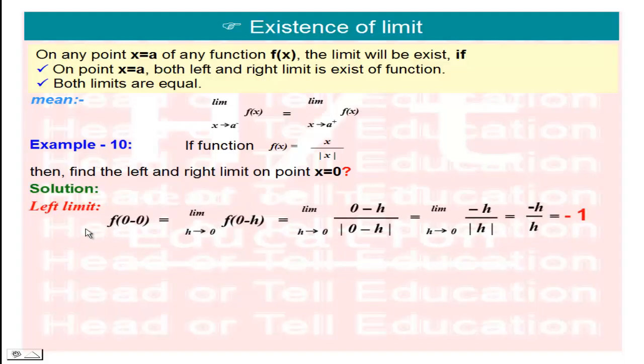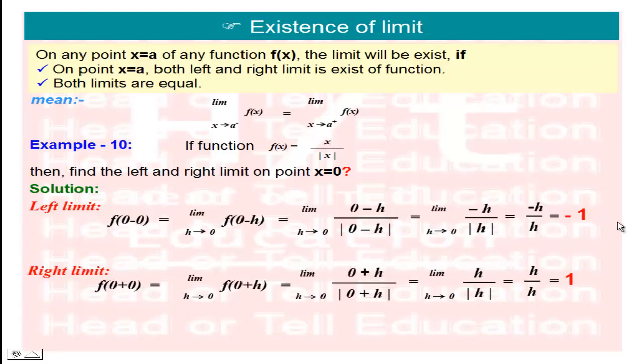Solution for the left limit: f(0 minus 0) equals the limit as h tends to 0 of f(0 minus h), which equals the limit as h tends to 0, replacing x by 0 minus h, of (0 minus h) divided by modulus of (0 minus h), which is minus h divided by modulus h, equals minus h upon h, so the value is -1 for the left limit.